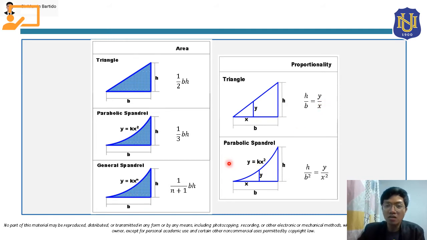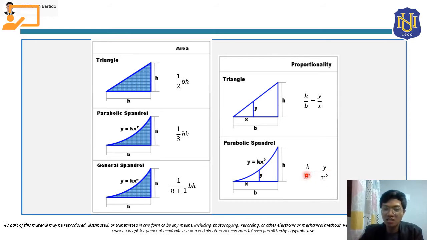And also, class, for a parabolic spandrel, let's say for this larger parabolic spandrel, its base is b and its height is h. And for the smaller parabolic spandrel, we have base x and height y. So we can use the proportionality h over y is equal to b squared over x squared.